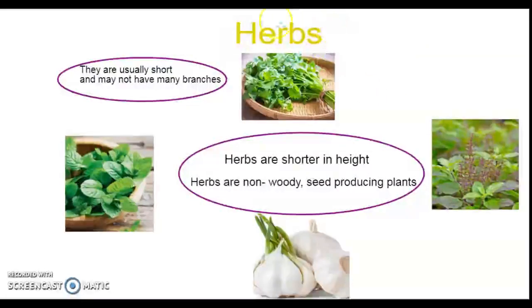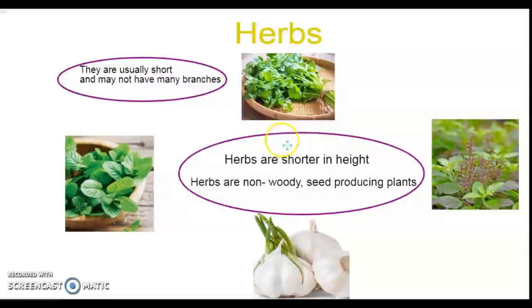So the first is the herb. If you observe, what are all these plants? The mint, the coriander, the tulsi, garlic, these are all herbs. These are the plants that have some medicinal value, and they have a specific fragrance. So herbs are normally plants which are used in medicines.